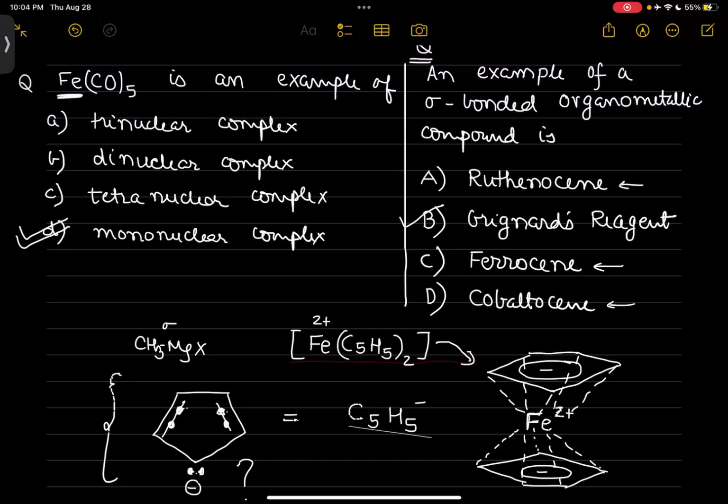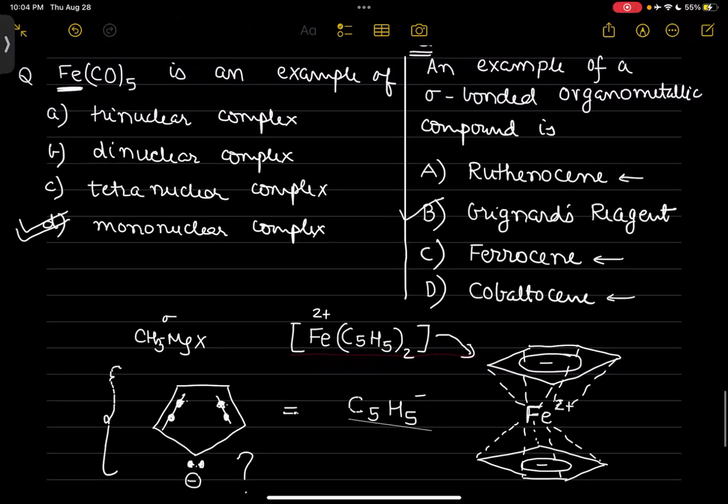This was asked in NEET, but in NEET they have not asked you the pi bonded, they have asked you the sigma bonded. But next time you can have the pi bonded complexes also in your examination. Got it? So let me ask you another question.